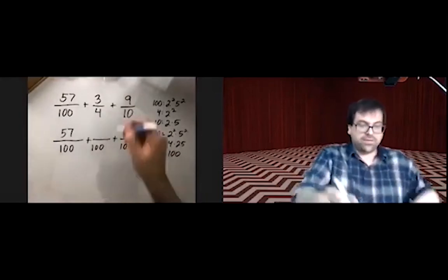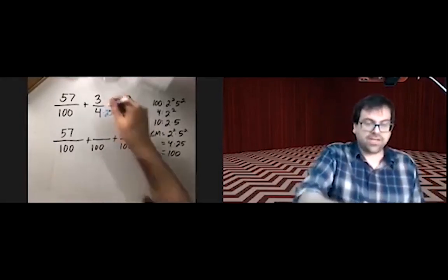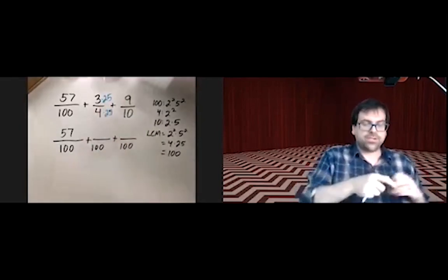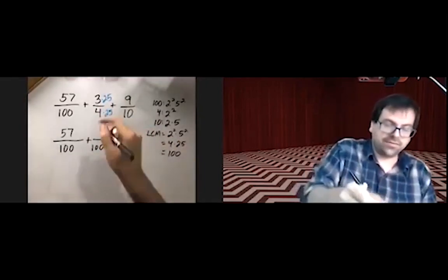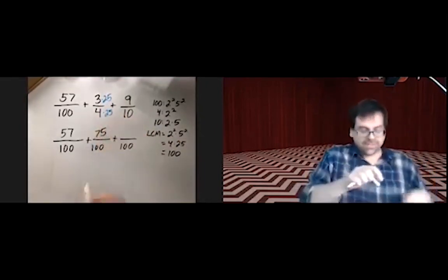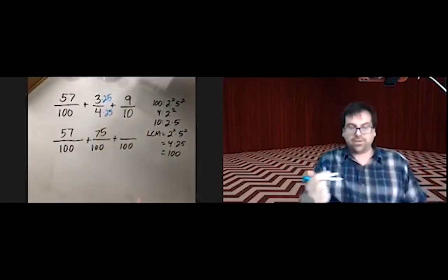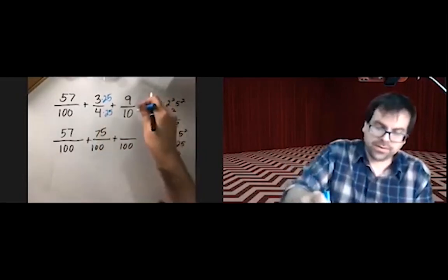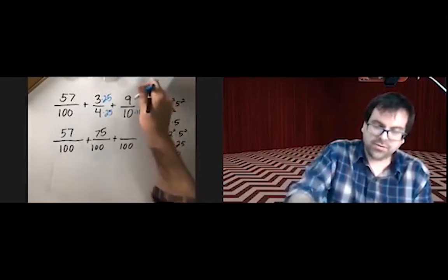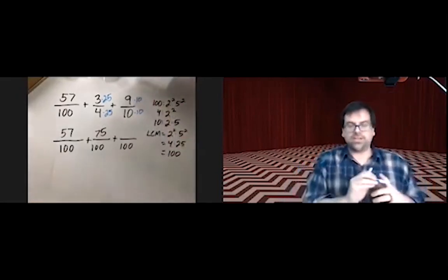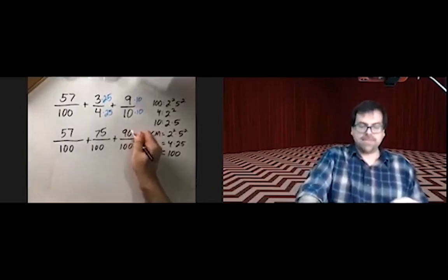For 4, we would have to do 4 times 25 to get to 100. So on top, 3 times 25 would be 75. 10 times 10 to make 100. So times 10 on top, 9 times 10 is 90.